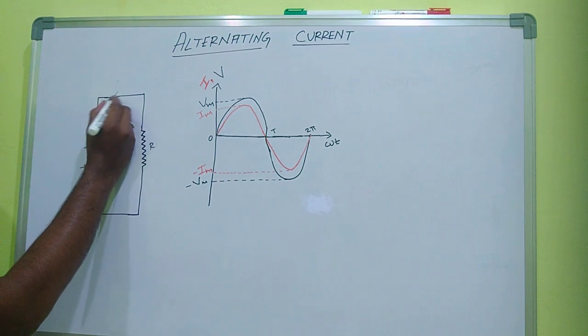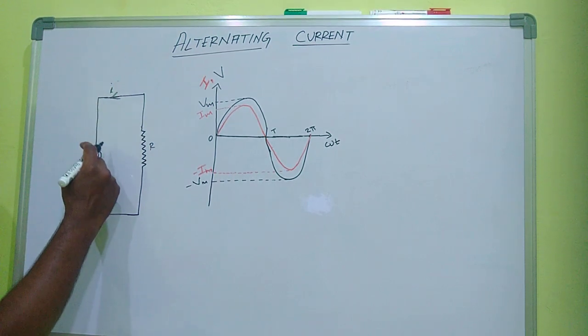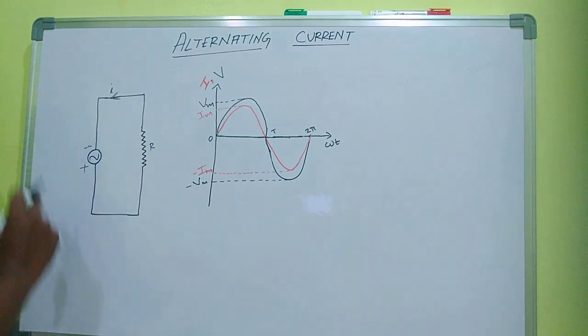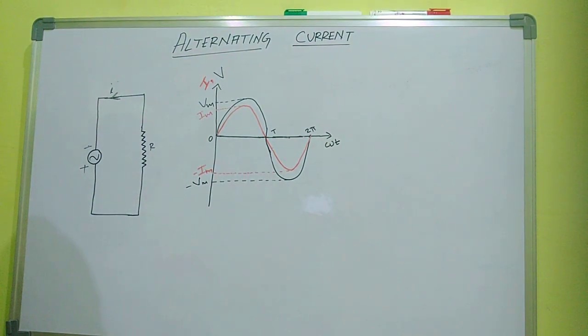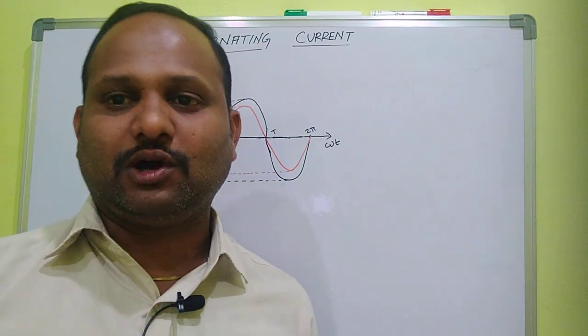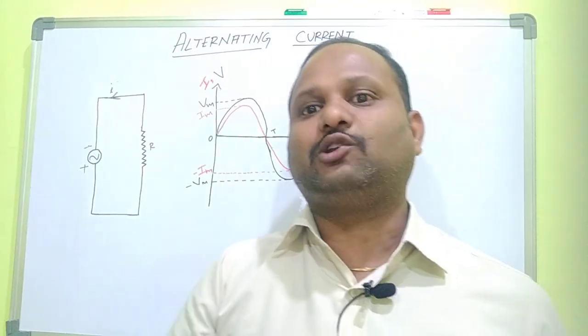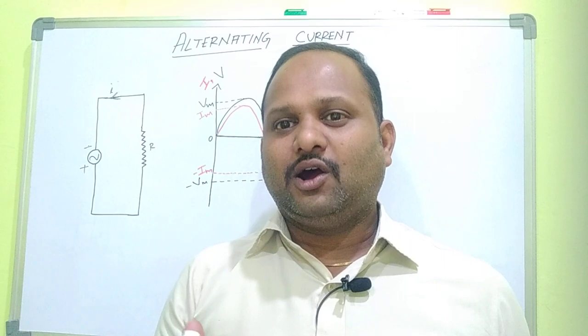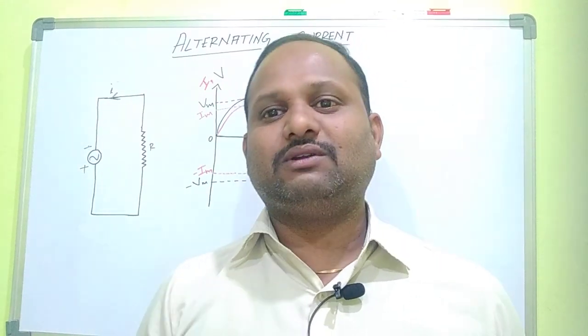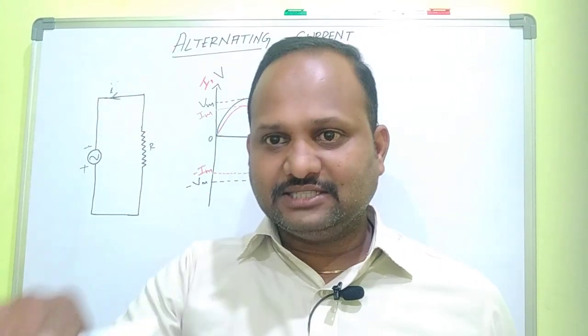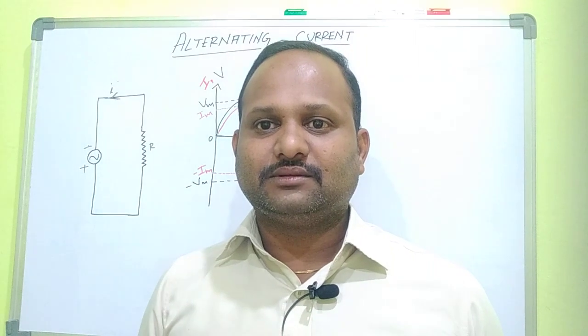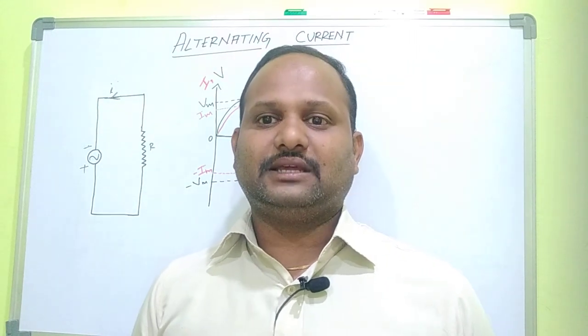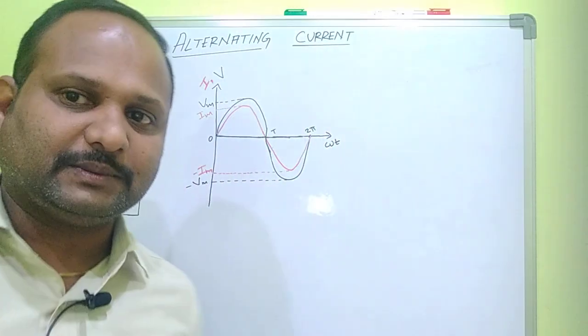Now the current flows in the anti-clockwise direction in the second half. So in the first half the current goes clockwise, in the second half anti-clockwise, and so on. After every half rotation, at a regular interval of time, the current changes its direction continuously, and the magnitude of the current keeps on changing with respect to time.